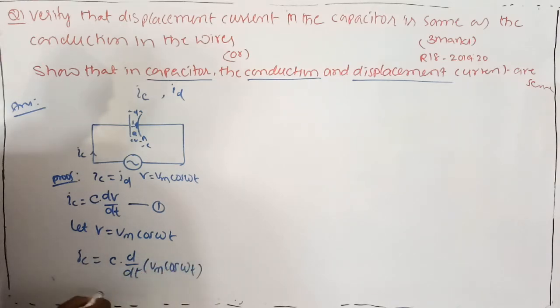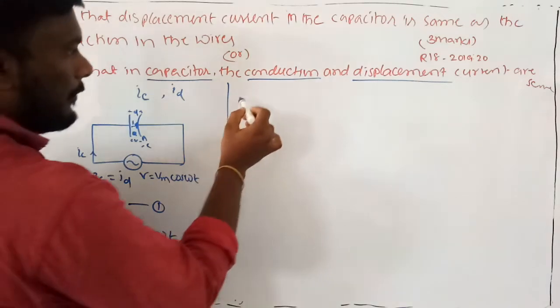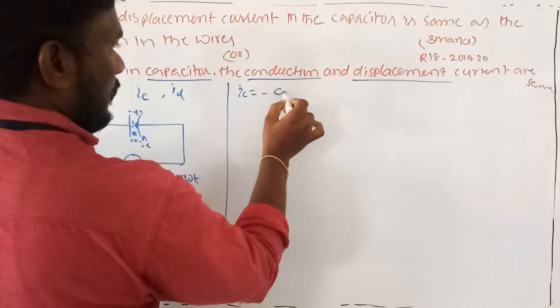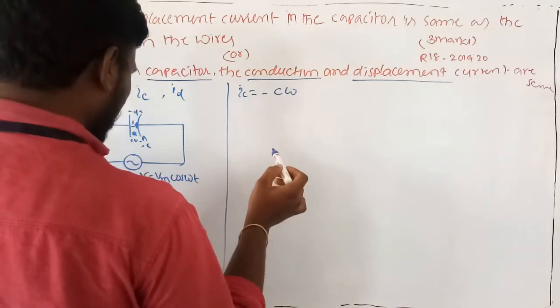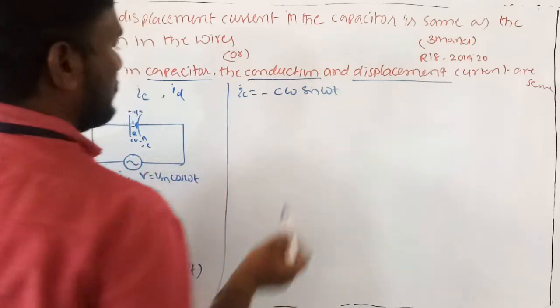What is the differentiation of cos omega t? It is minus sin omega t. And what is the differentiation of omega t with respect to t? It is omega. So finally, what you will get here? IC is equal to minus C omega sin omega t.